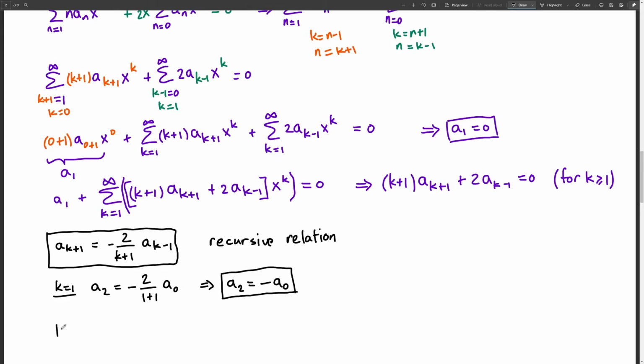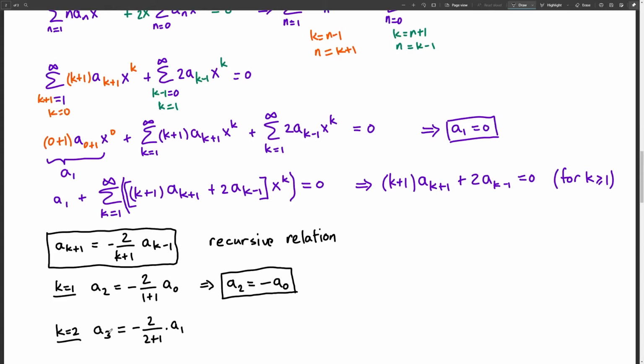So what do we get when we plug in k equals 2? Then we get a3 equals negative 2 over 2 plus 1 times a sub 2 minus 1, so that's a1.